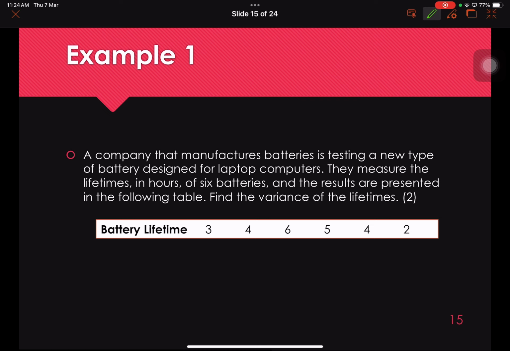Put S square at the front. Thank you. Where's the penutup?